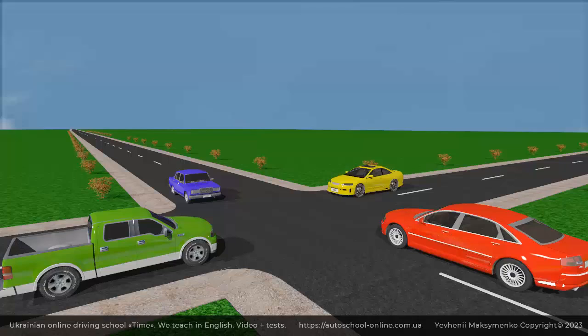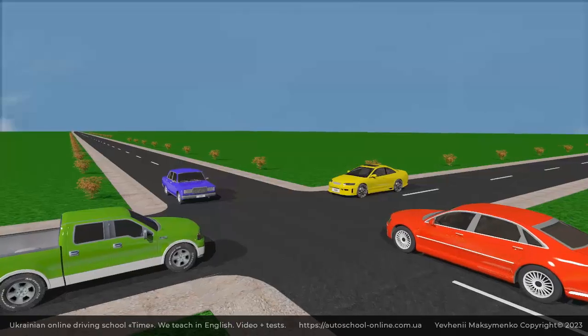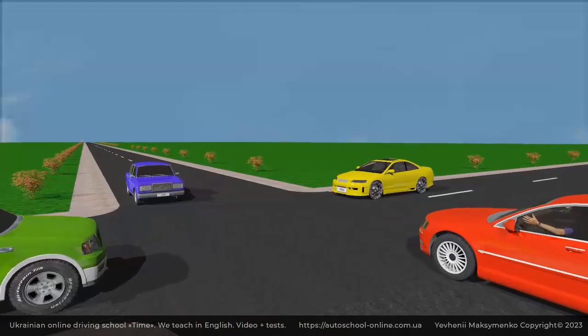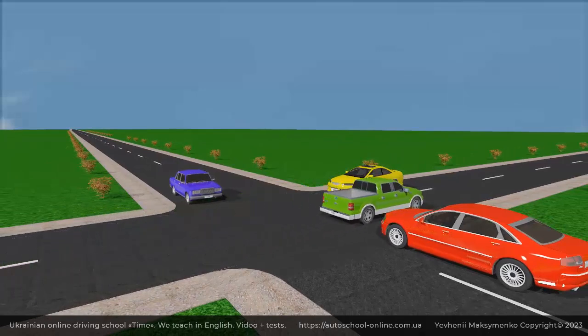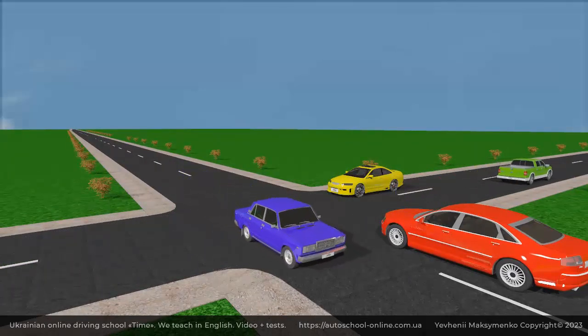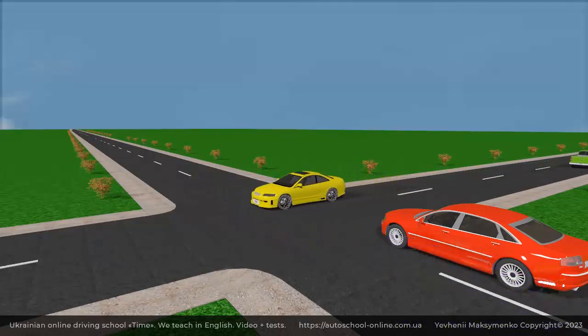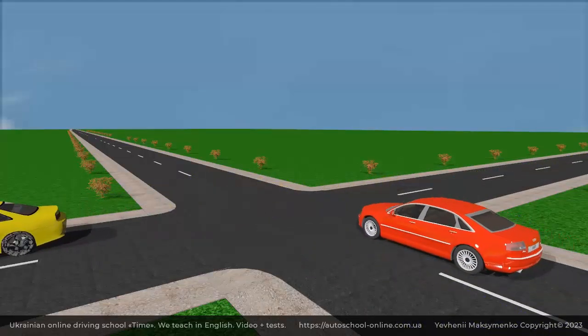To do so, one driver, usually the most experienced driver, will wave to the other driver looking at him. The driver will go, followed by everyone else. Suppose such a driver is driving a red car. The driver of the green car is looking at him and needs to give a sign to pass. All others will move behind, following the obstacle on the right. The waving driver will be the last one to pass.